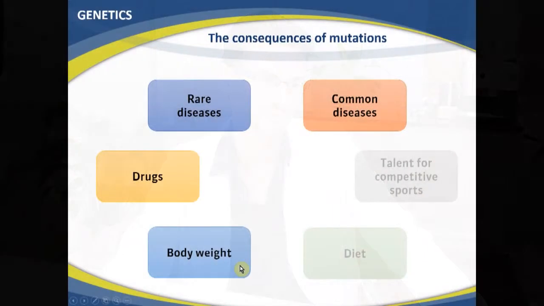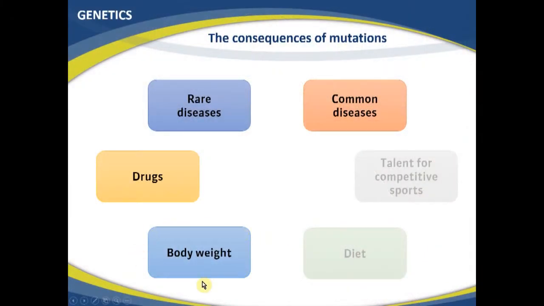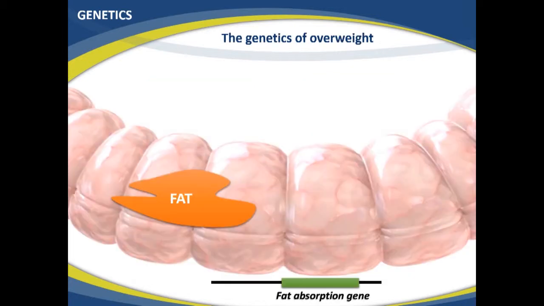Then moving into the more lifestyle kind of area, body weight, obesity is also controlled by genetics. And let me explain one example. This again is the inside of an intestine, and this person has had a fatty meal, and the body recognizes there is fat in the intestine.